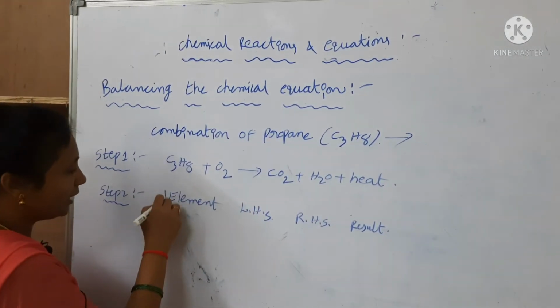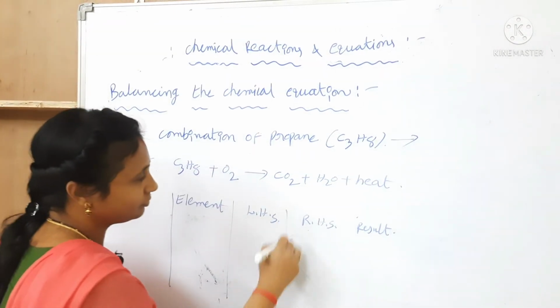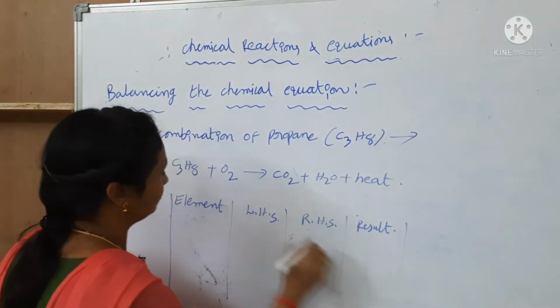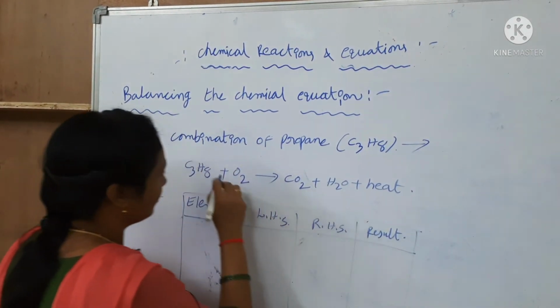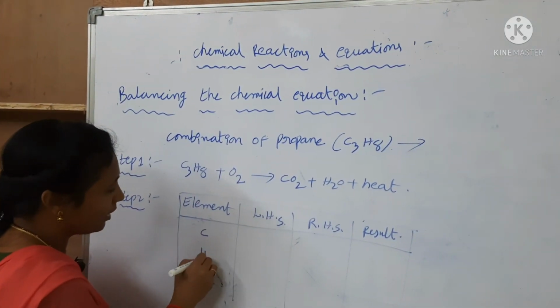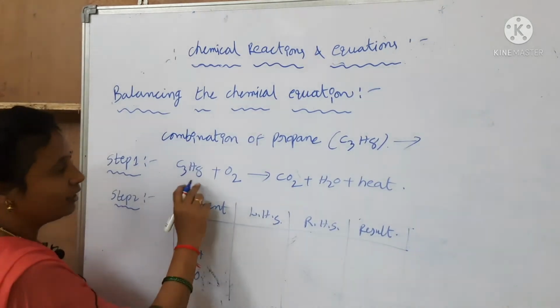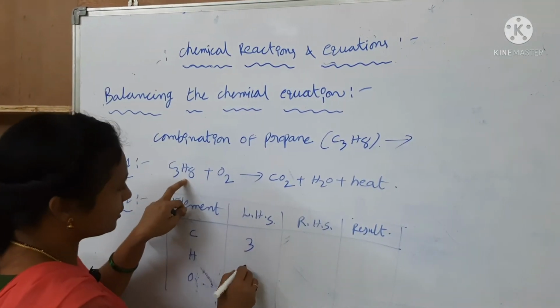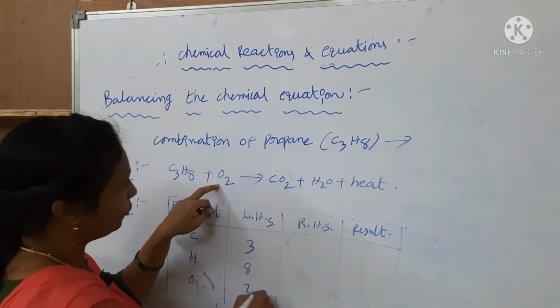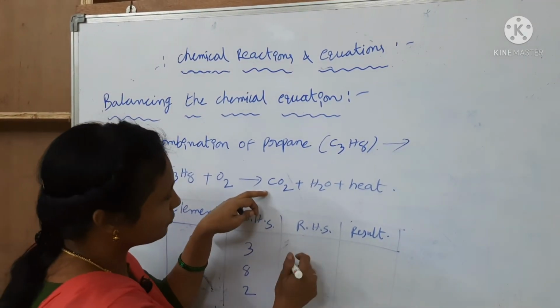Okay. What are the elements used here? The elements used here are carbon, hydrogen and oxygen. Next, on the LHS, how many carbons? 3. Hydrogens are 8. Oxygens are 2. On the RHS, carbon is 1.